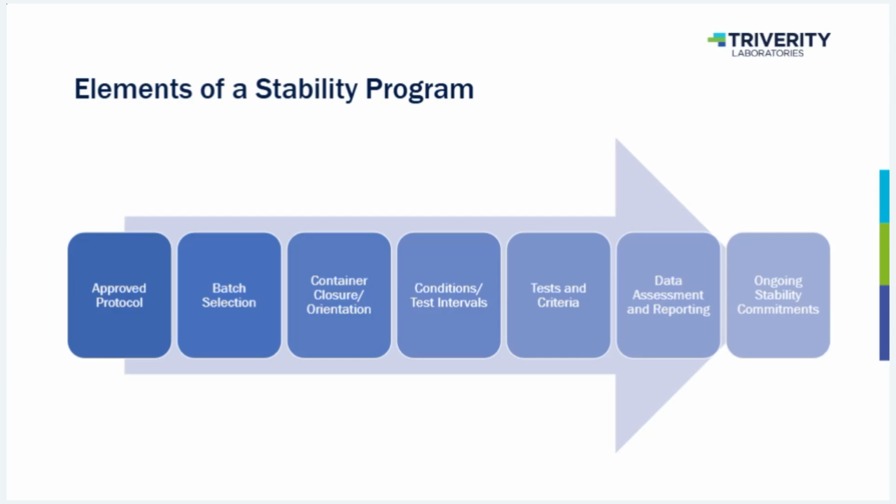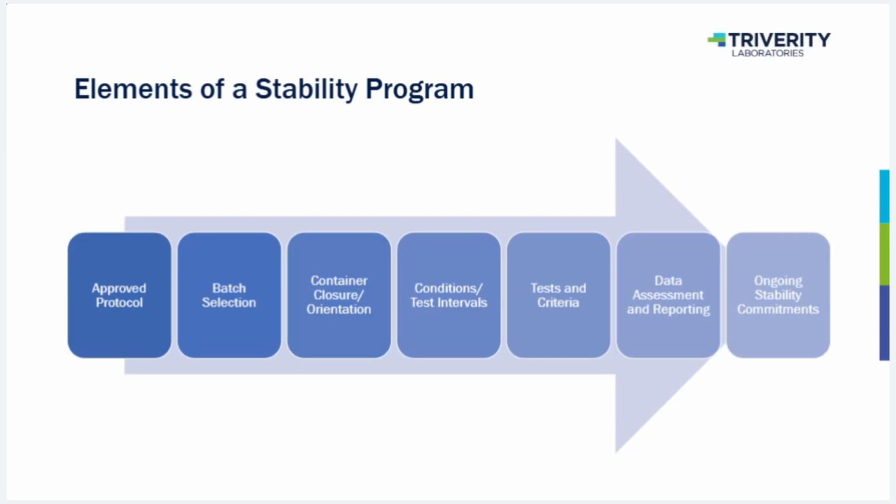So the elements of a stability program, first and foremost, is the approved protocol. The protocol is going to dictate your test, your acceptance criteria, the conditions that you're putting things up at. The batch selection is really important, and we're going to get into that in a lot of detail here in a minute. The container closure and orientation of your packaging.